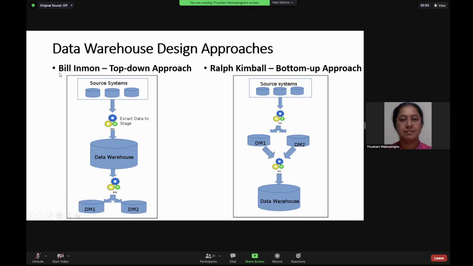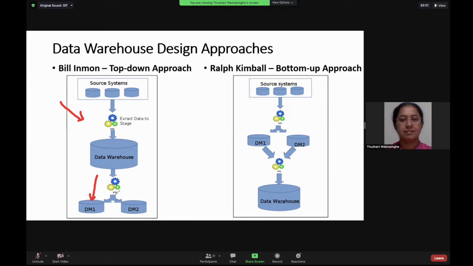Now, data warehouse design. I told you this earlier as well, but you can see that we often refer to this architecture. Can you see this one? So this is the top-down approach. Top-down approach means that from the top, the data marts to the data warehouse, you will get the data, and then from the data warehouse to the data marts, you are sending the data.